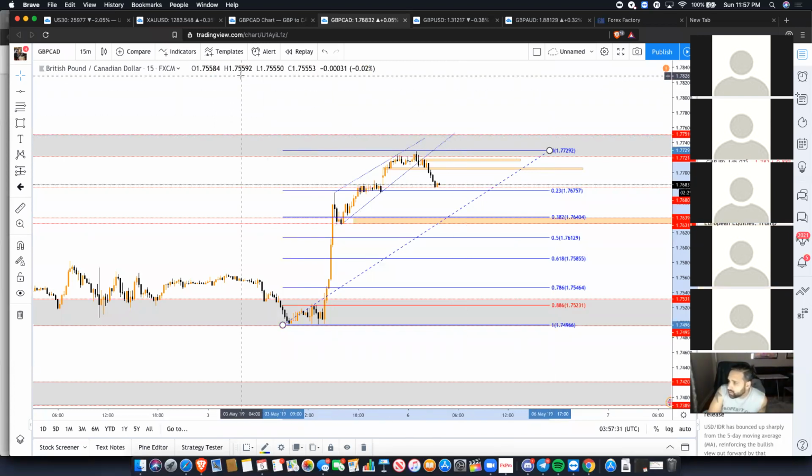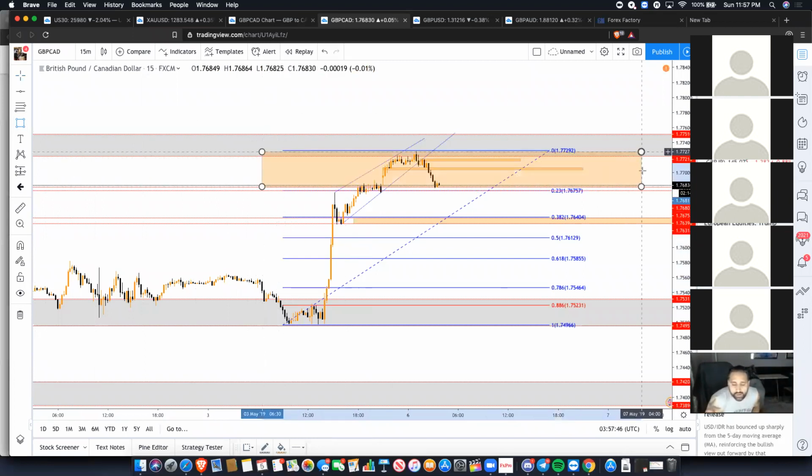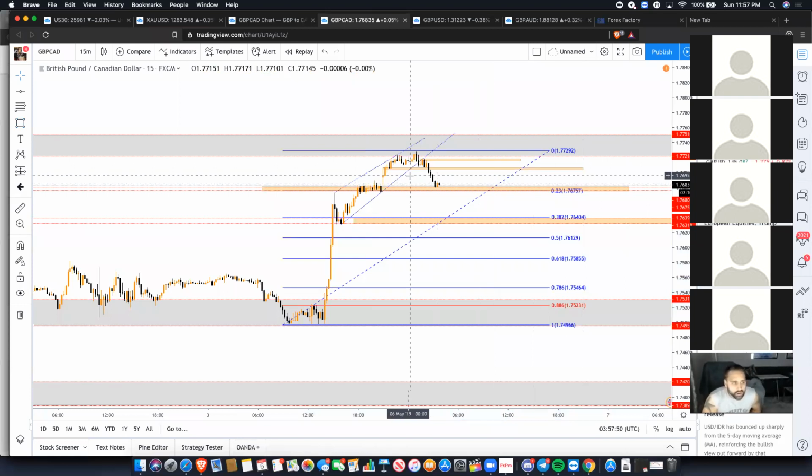That'll be a nice trade if it sets up that way. If it fails to bounce off 23.6, which is the support area right here, that makes sense why I would tell you to wait. It's a nice demand zone it's at.